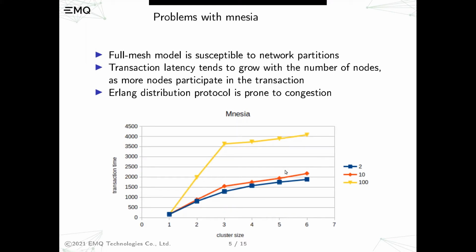So with different network latency and different cluster size, each transaction takes more and more time because more coordination is needed to take the lock, and more coordination is needed to commit the transaction to all nodes. Also, the Erlang distribution protocol is prone to congestion.